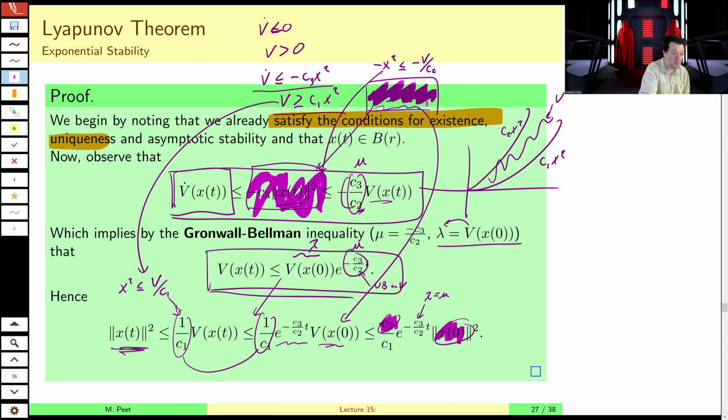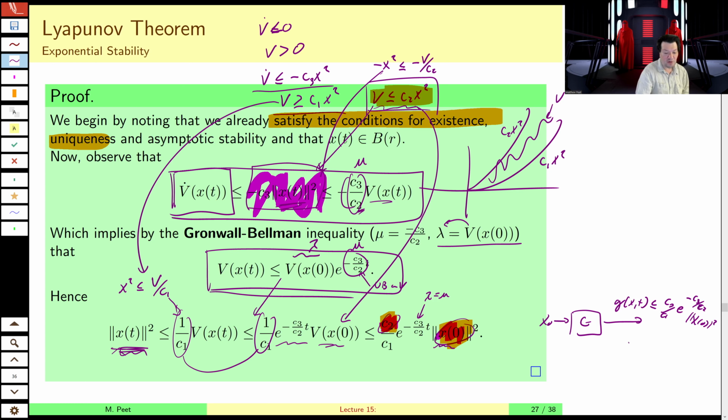It comes from here. Maybe change my color there. Okay. So that allows us to show that the size of the solution is less than that input x naught going in, and then the norm of x at time t is less than or equal to C2 over C1 e to the negative C3 over C2 t times x naught squared.